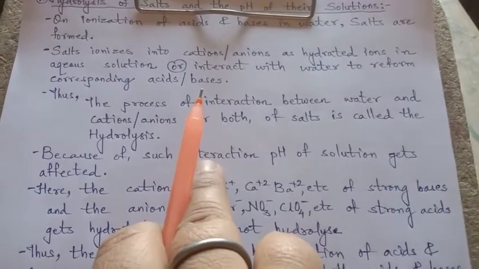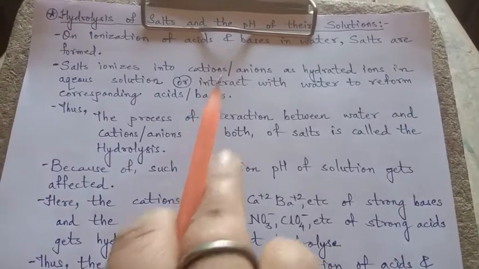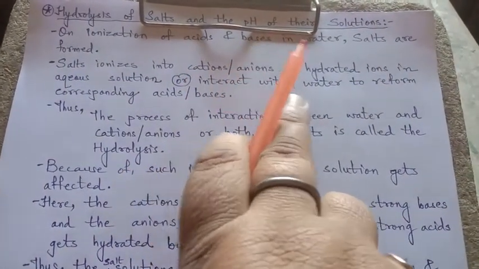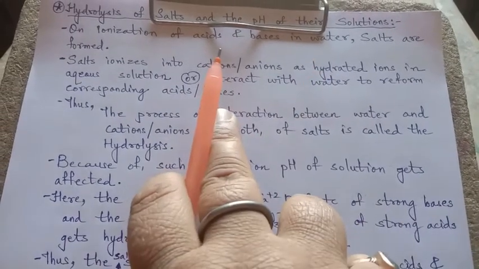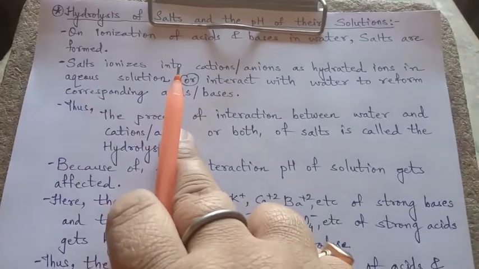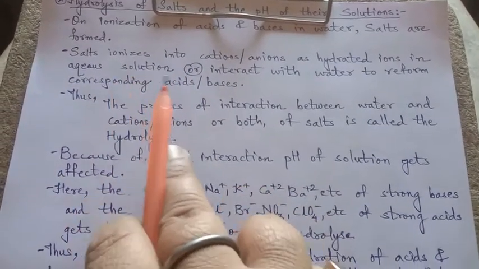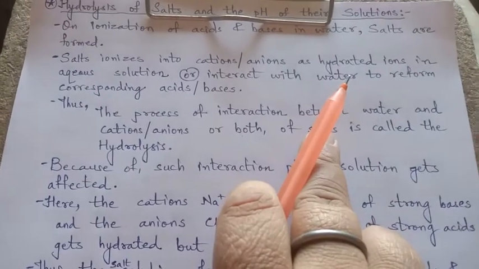So salt is formed because of the ionization of acid and base in water, and the reformation of acid and base from salt is again because of the ionization of salt in the aqueous medium, that is in the hydrated form.